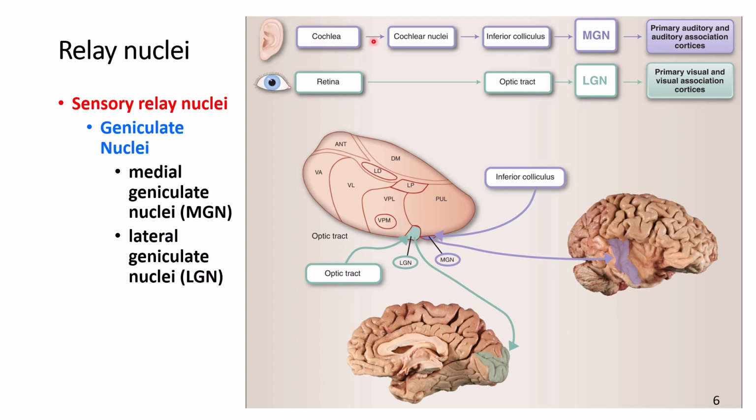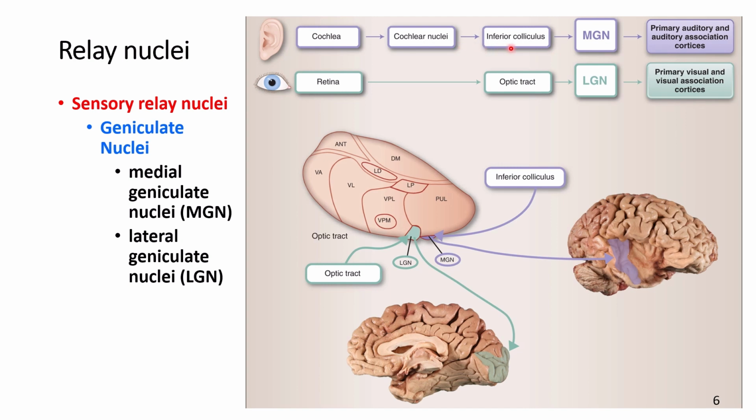If you want to write it, you can write the spiral ganglion. From there, it goes through the cochlear nerve to the cochlear nuclei, and from there it goes through the lateral lemniscus to the inferior colliculus.